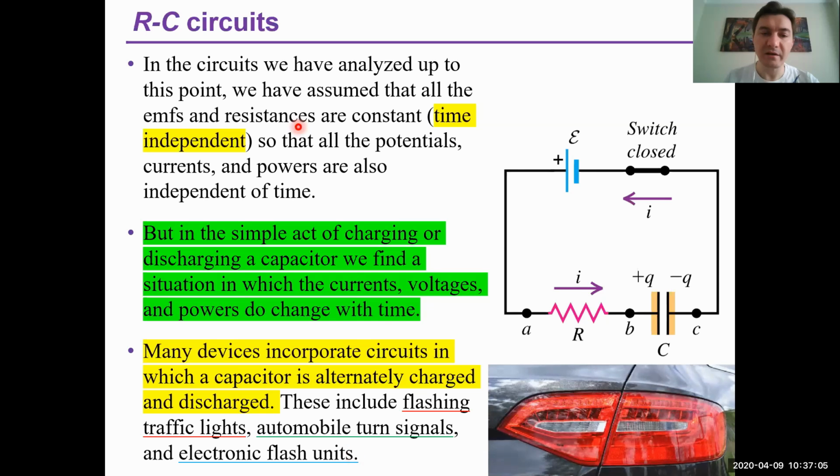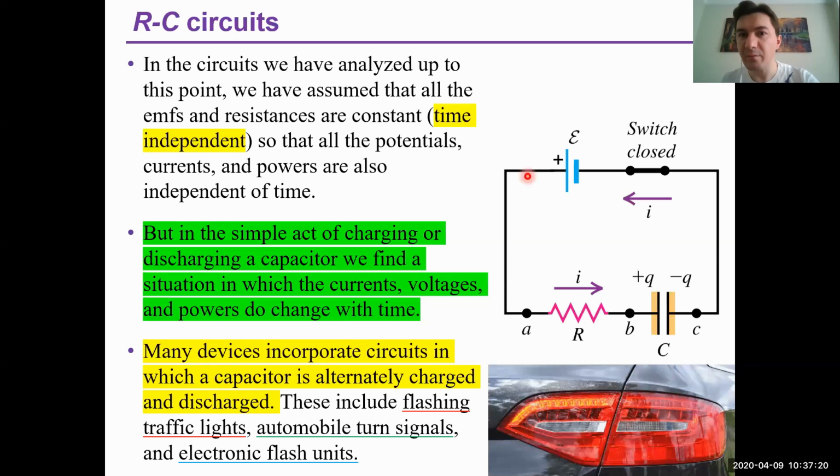All of them contain capacitors, and they are examples of such circuits. So today we will talk about how to charge and discharge a capacitor.